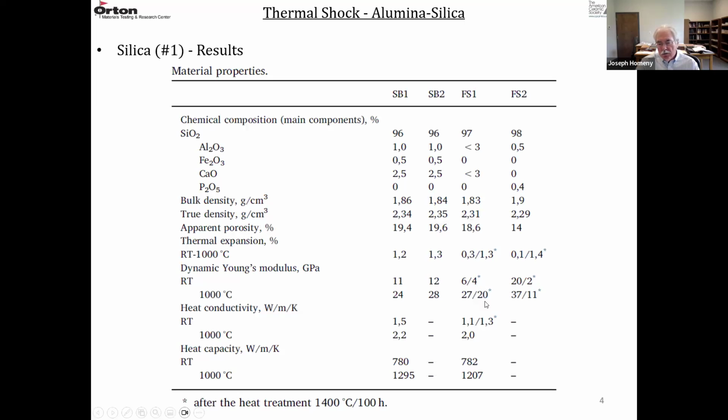And then going through the transition again, they increase. They also measure the thermal conductivity and the heat capacity. These are just typical values for those two properties.